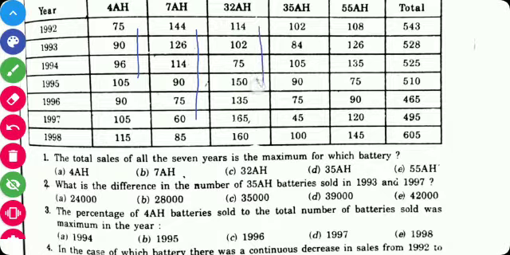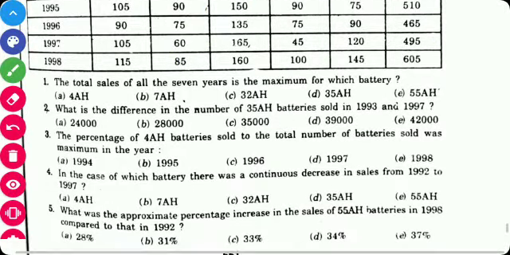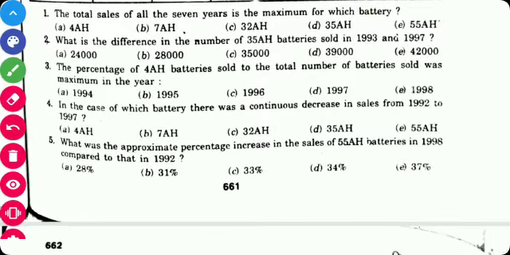Here again it is increasing, here again it is increasing, here also it is increasing. So the decreasing order is for the 7AH battery. So the answer for this question is 7AH.